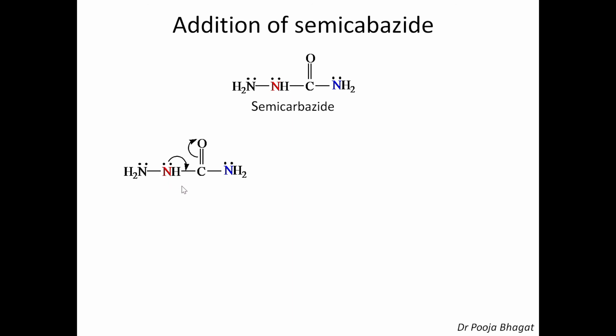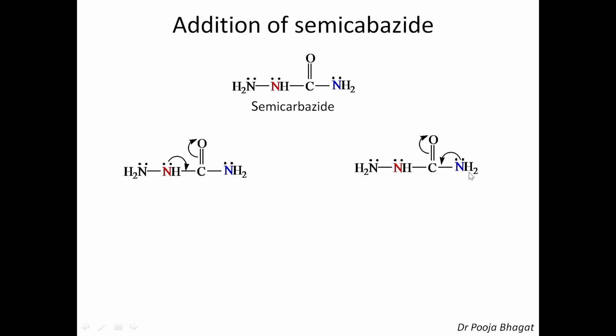So due to the resonance, the lone pair availability on this nitrogen is very less. Now see this blue. Again, the lone pair of electrons will participate in the resonance through the carbonyl group, and therefore electron pair availability on this nitrogen is also less.